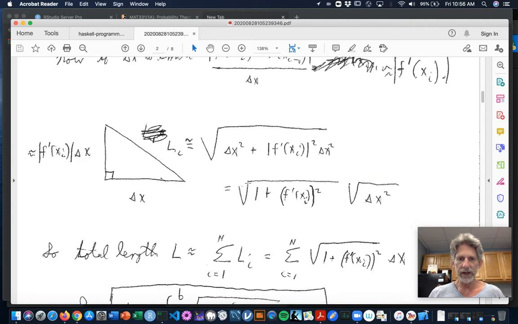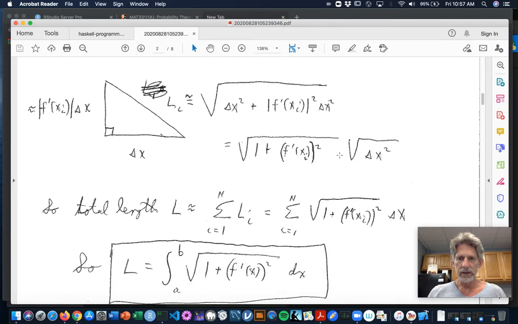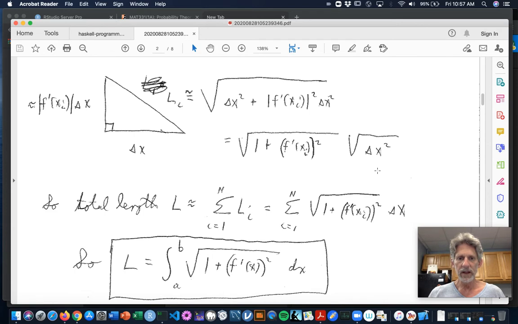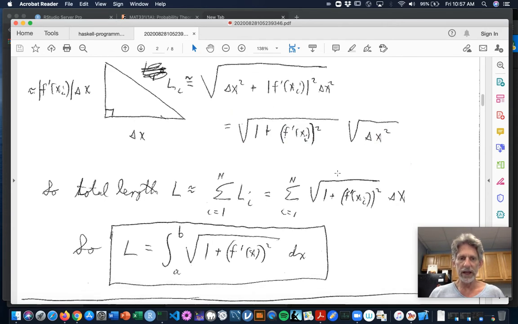And what will be left after the factoring is just a 1 left over from here, and just the absolute value of f prime of xi squared. Hey, that's the same as just f prime of xi squared, so I just write that. Now, the square root of delta x squared is just going to be delta x.